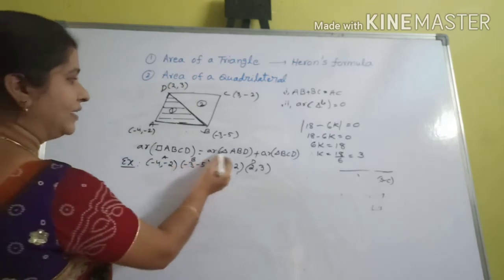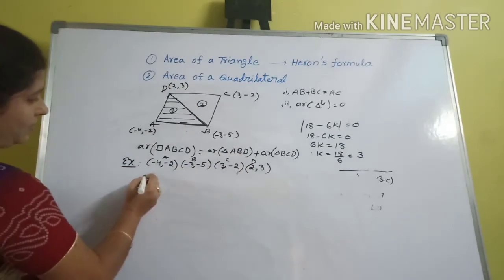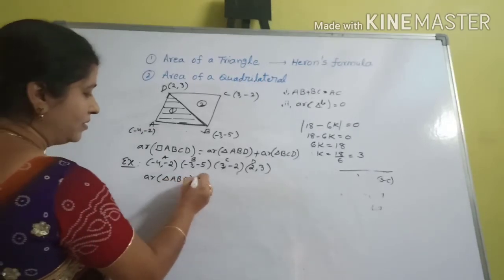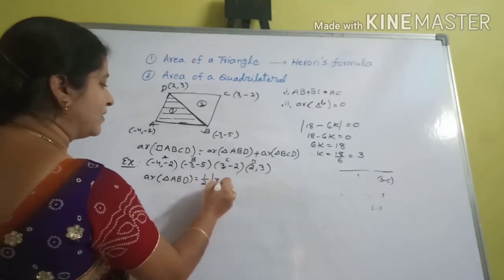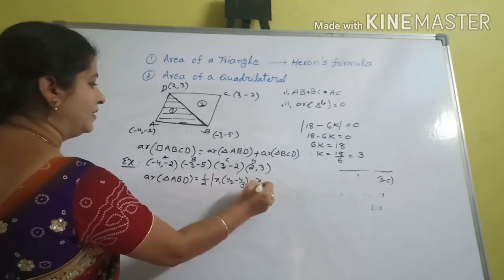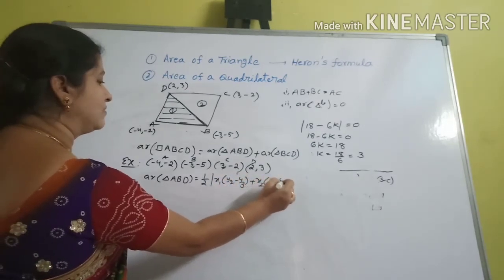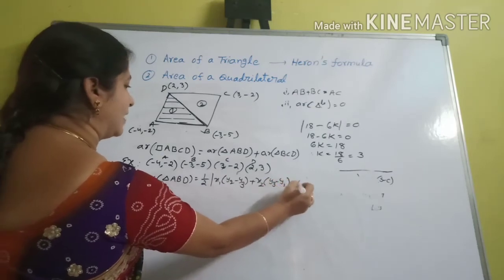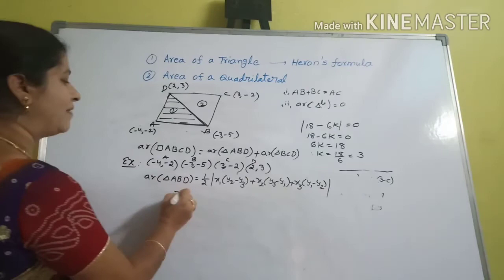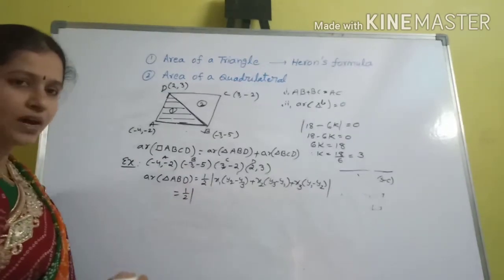So first find the area of triangle ABD. Area of triangle ABD equal to half modulus of x1 into y2 minus y3 plus x2 into y3 minus y1 plus x3 into y1 minus y2. Substitute all the values in this formula.